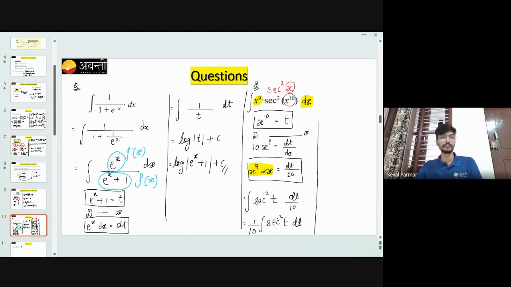So what is integration of sec square t? Do you remember? It is tan t plus c. Now we have to resubstitute the value of t. So that means I will get 1 upon 10 into tan of x raised to 10 plus c. This is my answer. Got it?